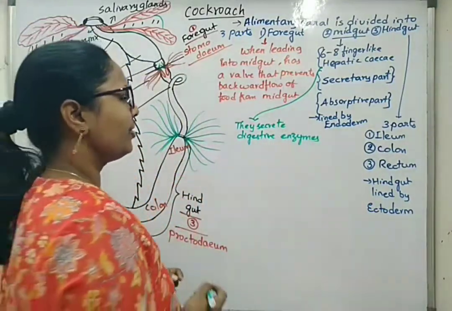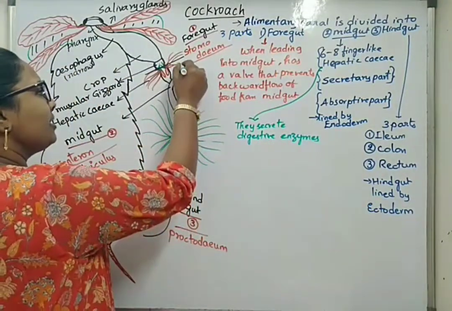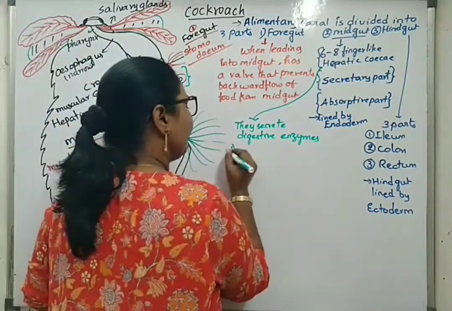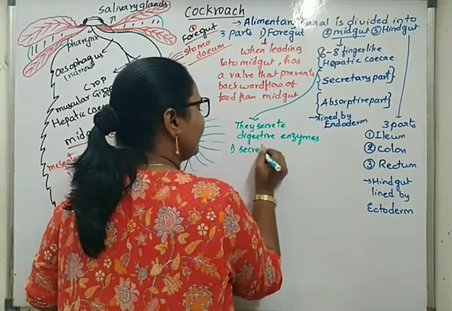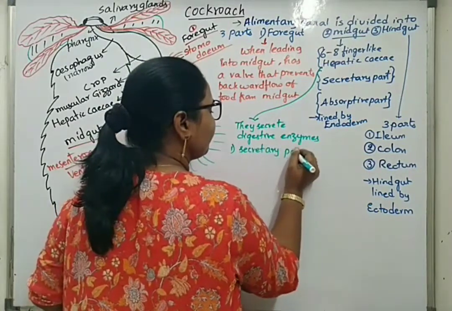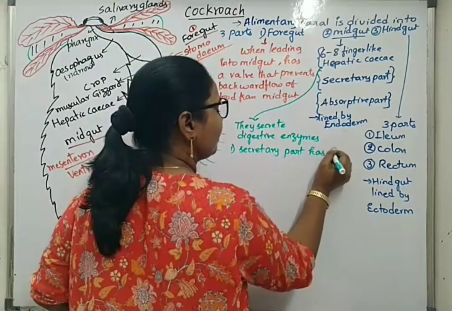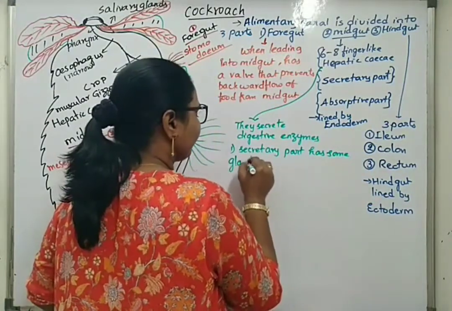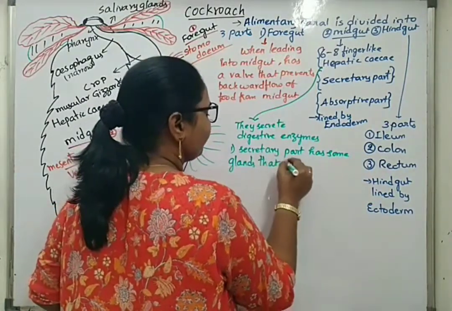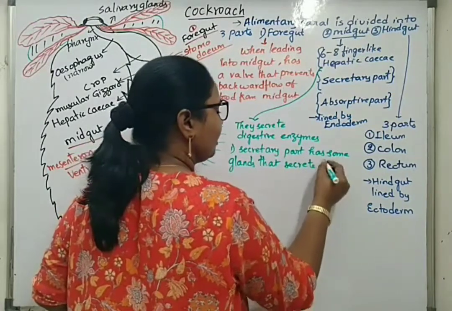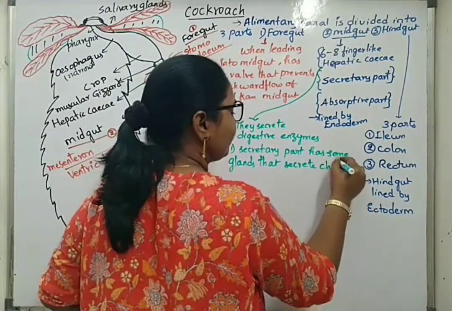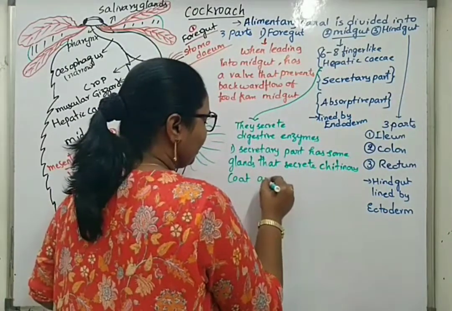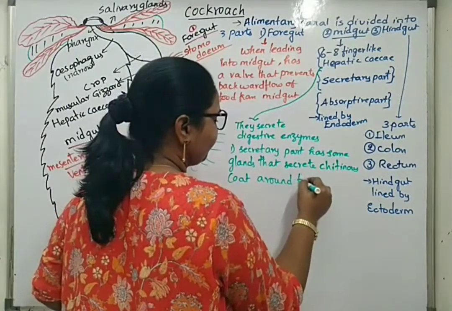For digesting food. Now, the anterior region of the midgut is secretory in nature. So the first one, the secretory part, has some glands that secrete a chitinous coat around the food bolus.